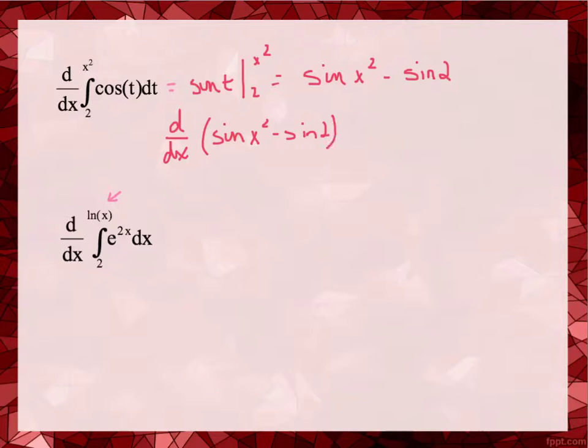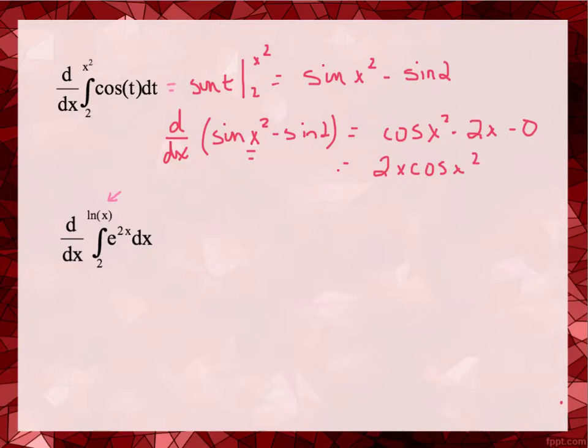Well, the derivative of the sine of x squared would be cosine of x squared times, chain rule says to take the derivative of x squared, which would be 2x. Then we would have minus the derivative of the sine of 2, but that's just 0. So our final answer is 2x cosine of x squared.